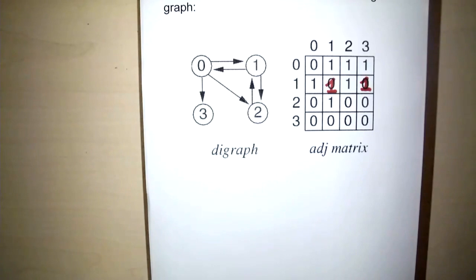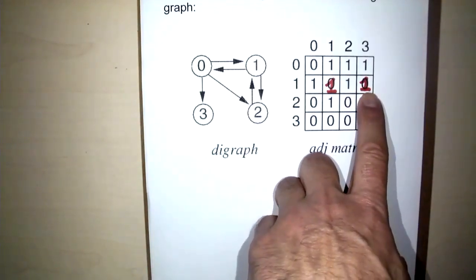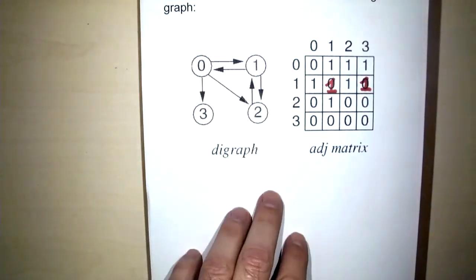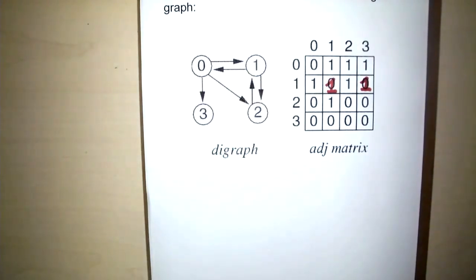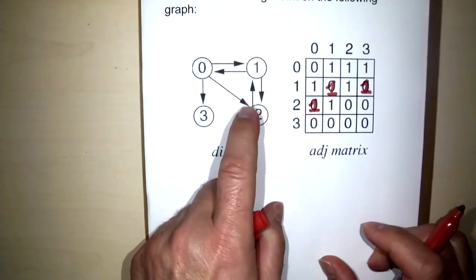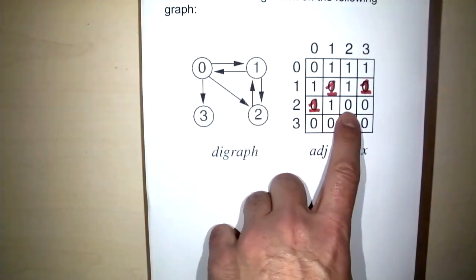Next iteration via node 1. Now, given all these 1s that we have inserted here, can you find more examples of paths that use 1 as an intermediate node? 2 to 0. Yes, that changes to 1 because 2, 1, 0. Yep. 2 to itself.